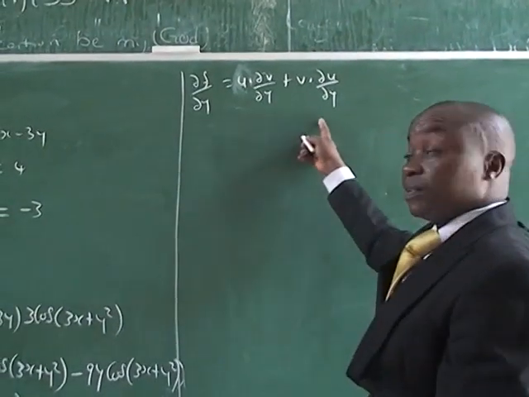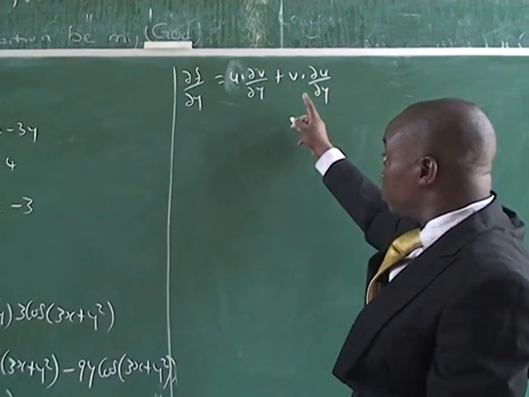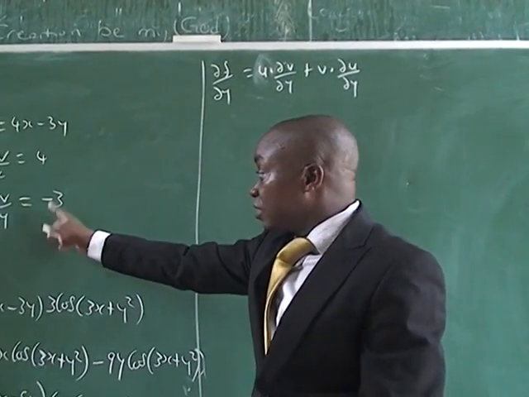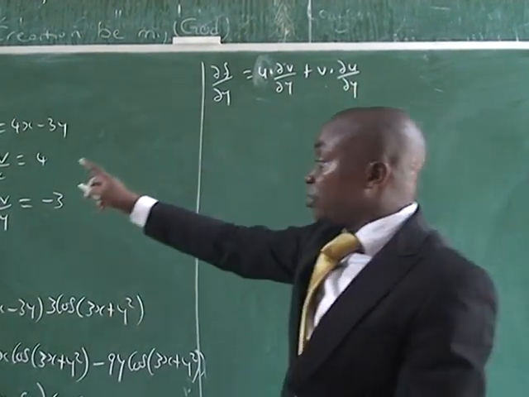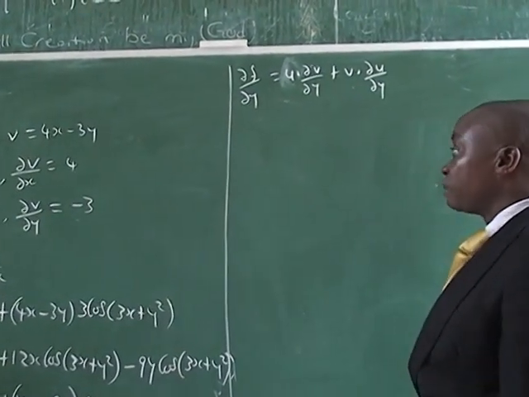So keep u, differentiate v with respect to y. Then you also keep v and multiply it with the differentiation of u with respect to y. So it's very simple.